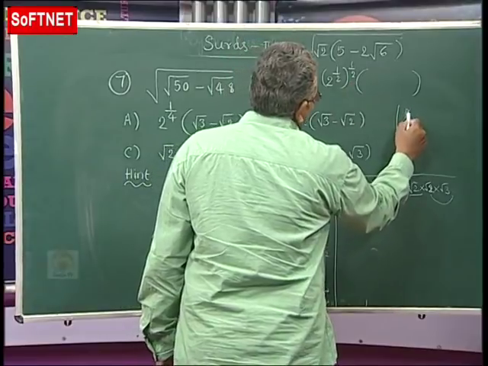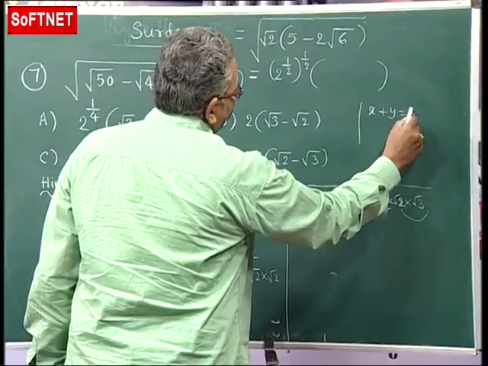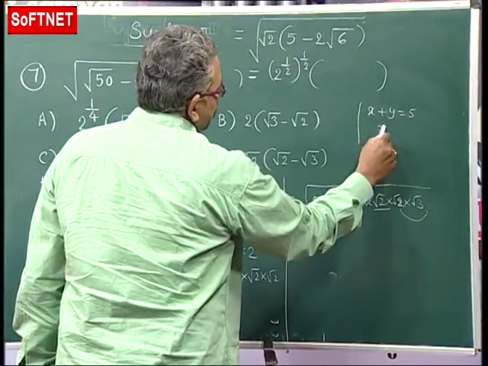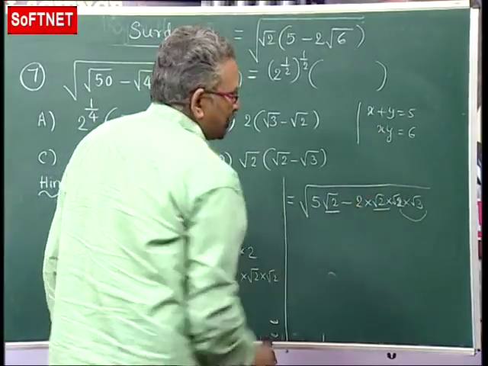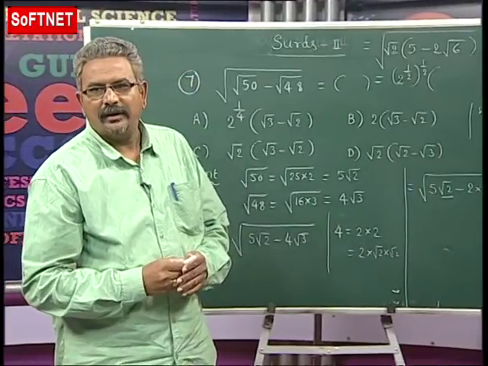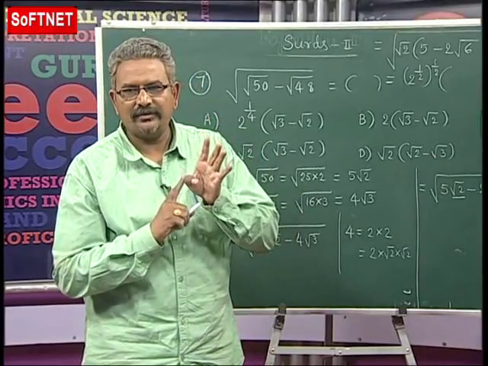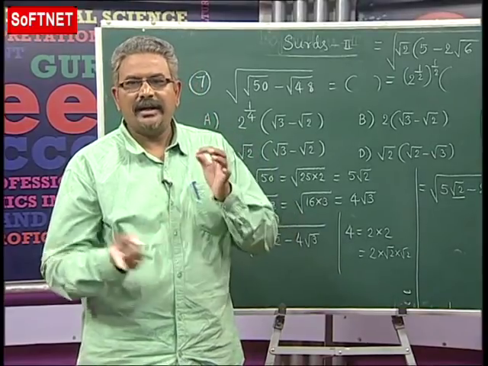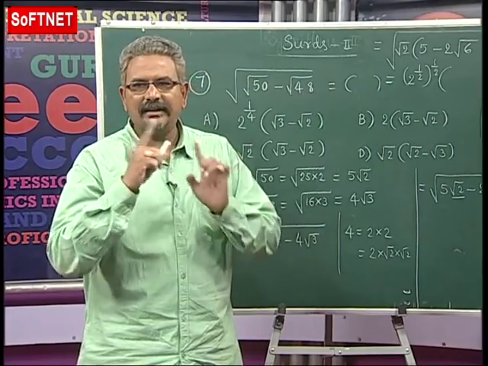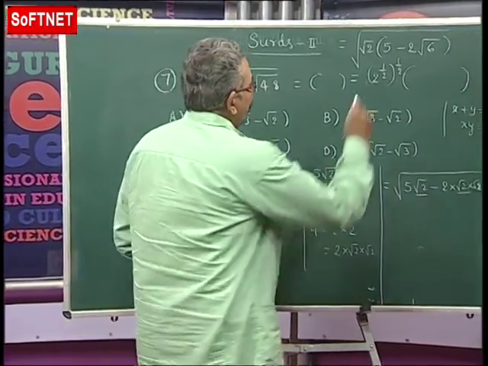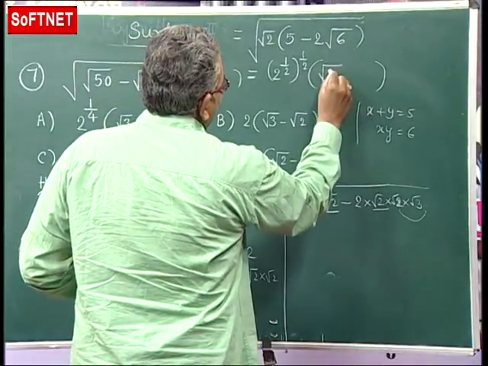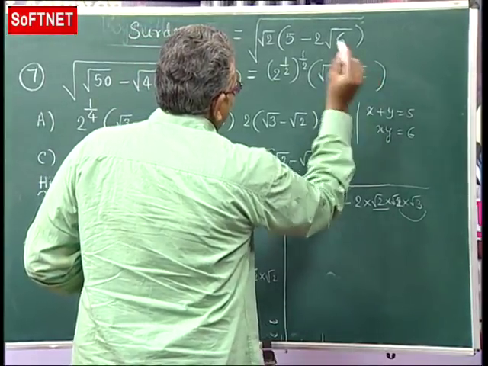Sum should be 5, product should be 6. What are such numbers? 3 plus 2, 3 into 2. So, x is equal to 3, y is equal to 2. X greater than y, 3 greater than 2. So, here the answer we can write root x minus root y, that is root 3 minus root 2.